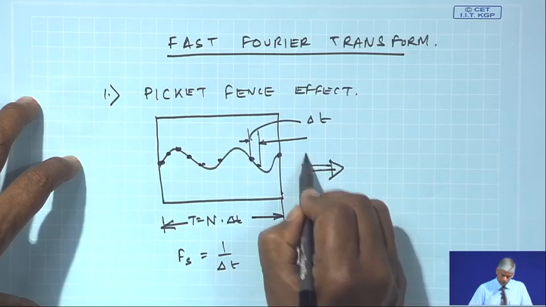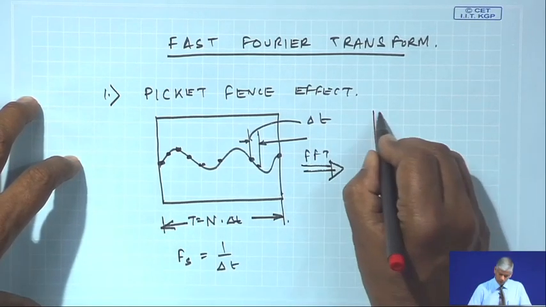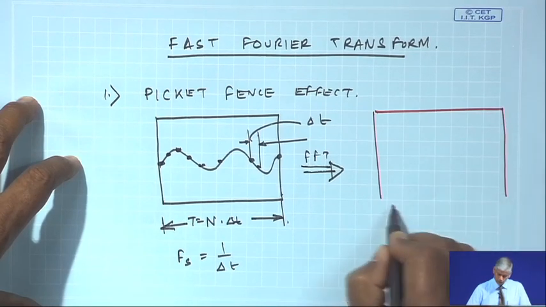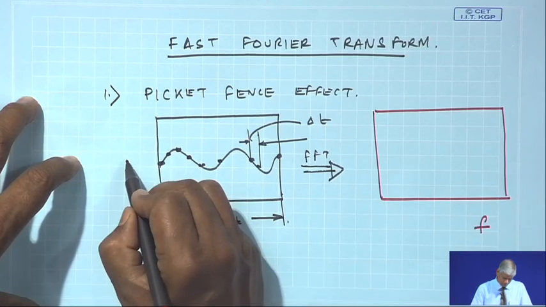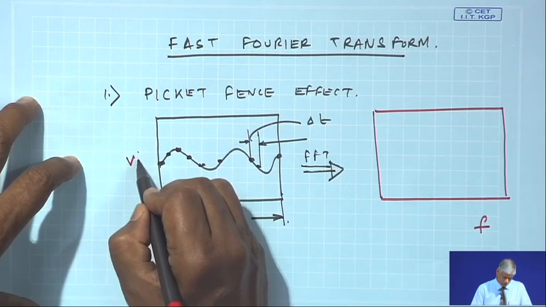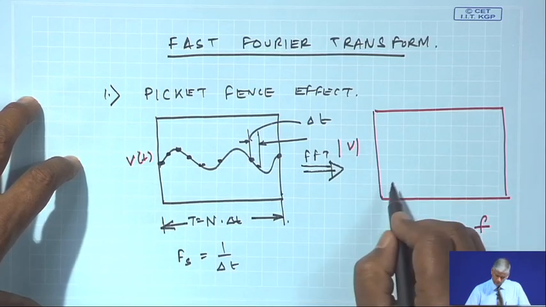If I do an FFT, I will look at the magnitude of the frequency spectrum. This is voltage in time domain, absolute value.